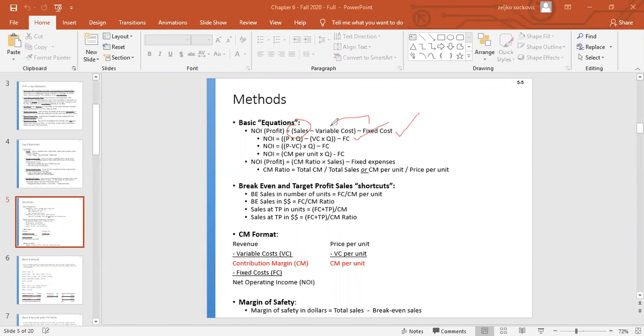Well, variable cost total is simply variable cost per unit times quantity, number of units, right? Fixed cost is just fixed cost. What are the sales? Sales are just price times the same quantity. So when you reduce this down, then you have the same quantity here.